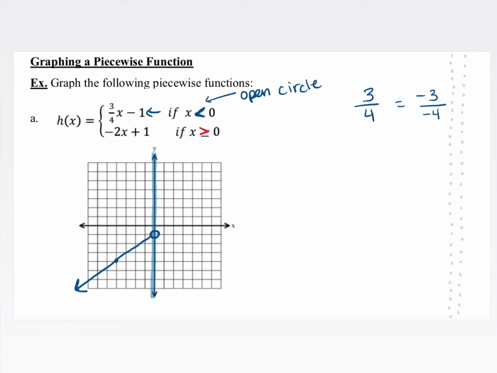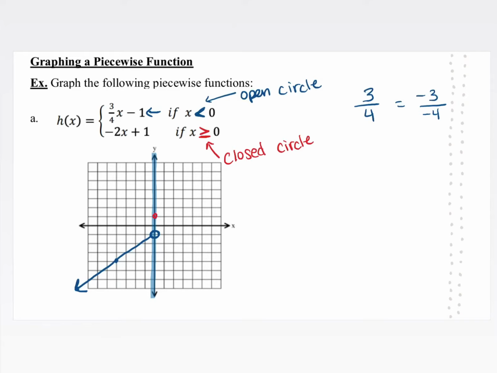Now, when x is greater than or equal to 0, I have negative 2x plus 1. Because this is greater than or equal to, we're going to have a closed circle. Just like we'd be graphing normally, except we're going to graph on the right-hand side of our y-axis, so only on the positive x values.